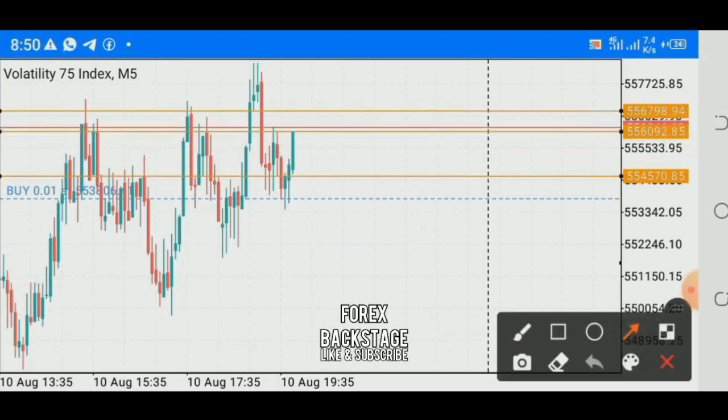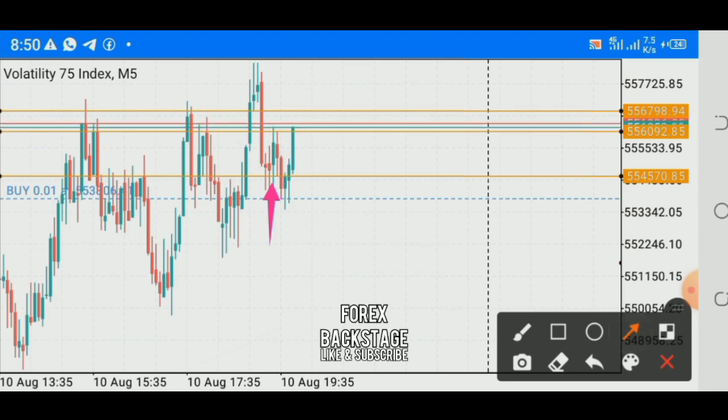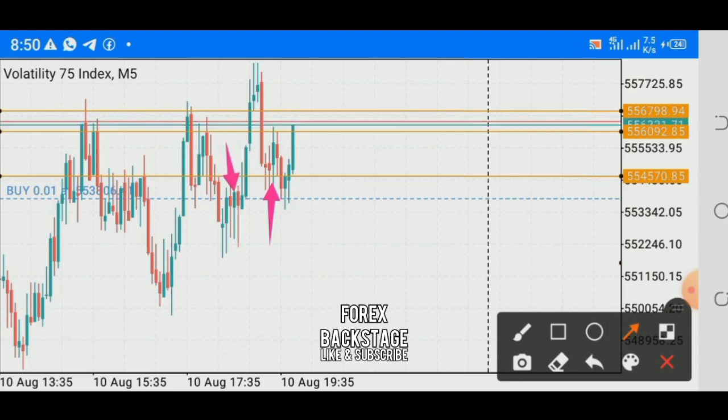So this third line right here is serving as support, there. Then coming to this place, this line now serves as resistance. Sorry, that's too close. Let me correct something.